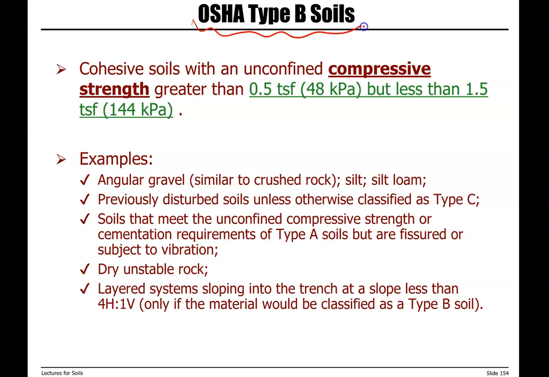With a further decrease in stability and a compressive strength lower than 1.5 but higher than 0.5, we will have a soil that is Type B based on OSHA's classification.